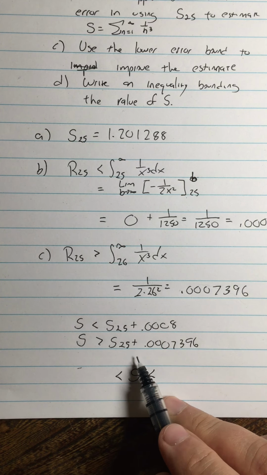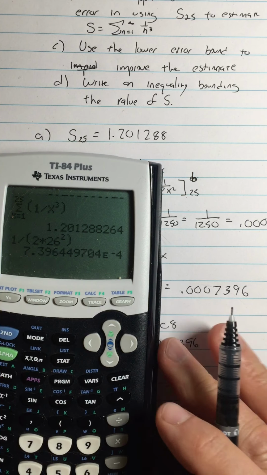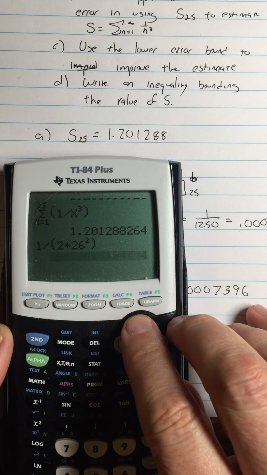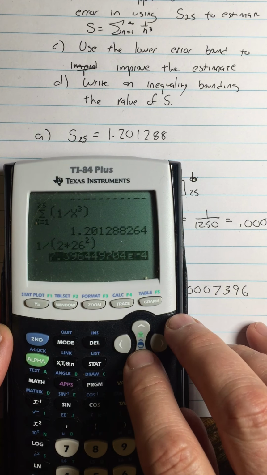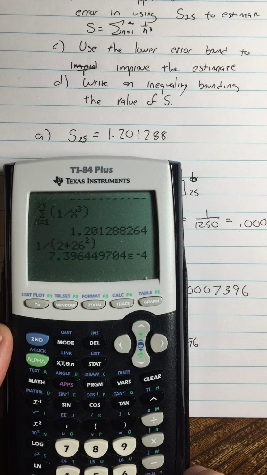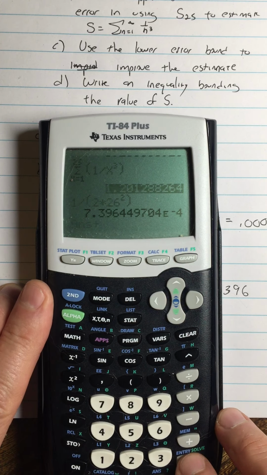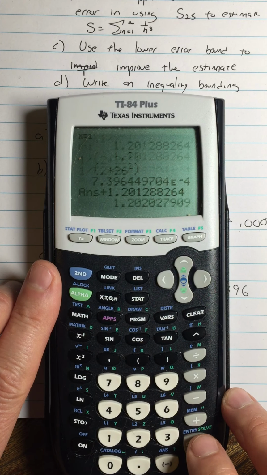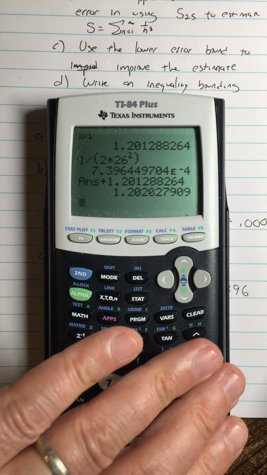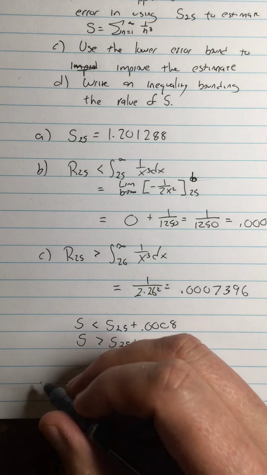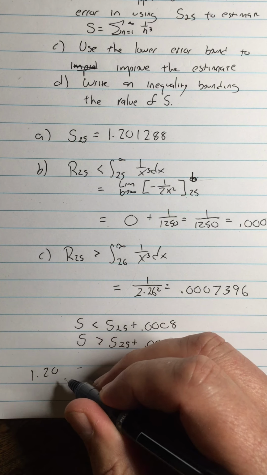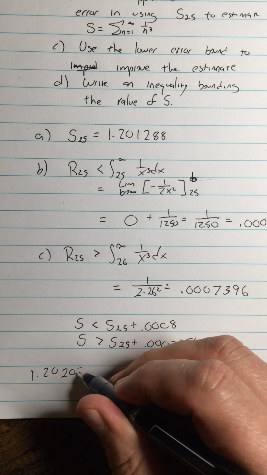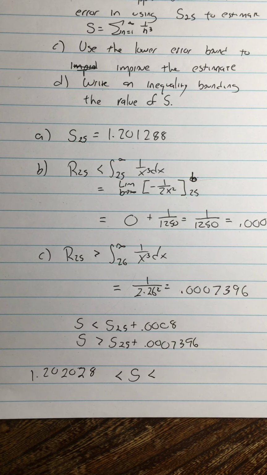So let's take our S sub 25, and add the 0.0007 number. Where's our S sub 25? It's right here. We can just do this plus this. Enter, and it's 1.202027, really 28. I think I'm going to take that rounding.